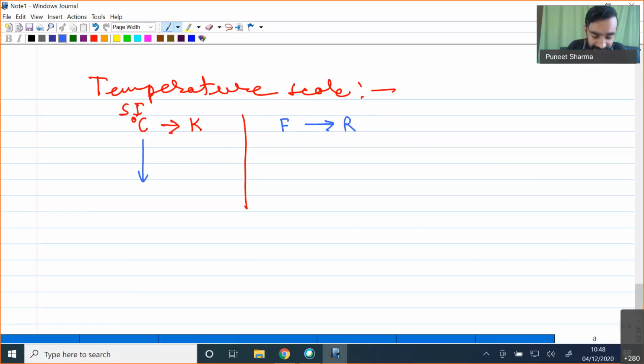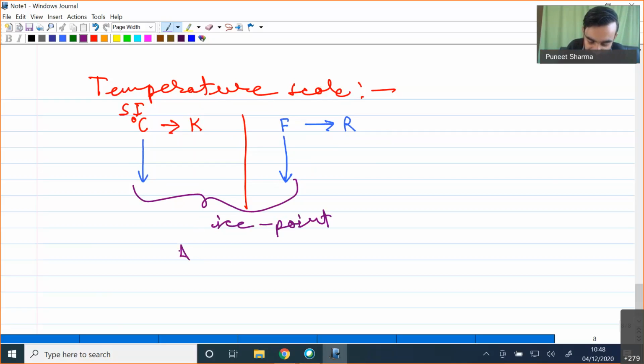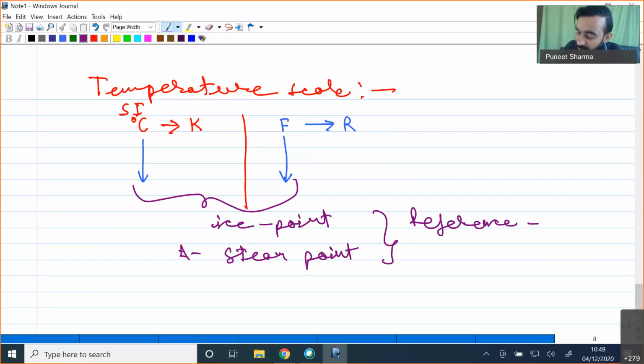Now the idea is that while this degree scale and this Fahrenheit scale were developed during that time, scientists have taken the ice point and steam point of water as the reference points. Okay, so this is one important criterion.